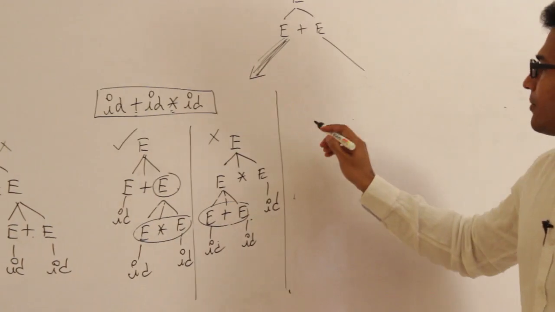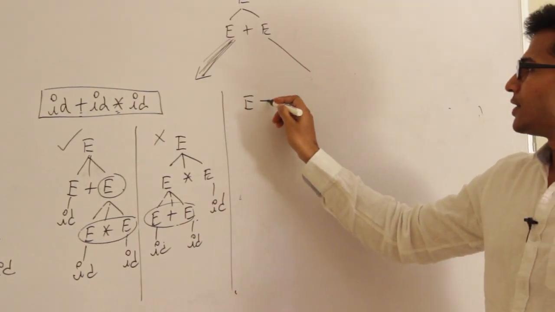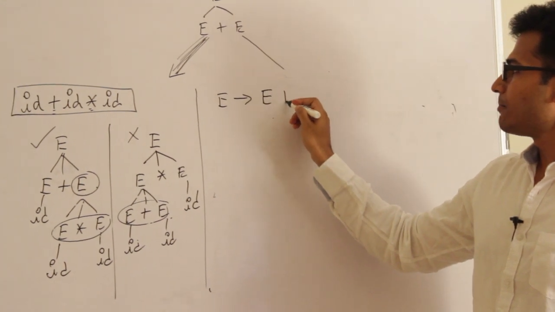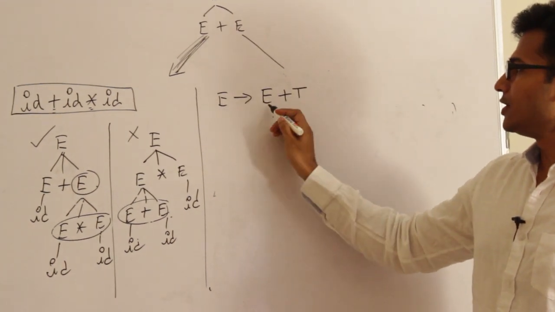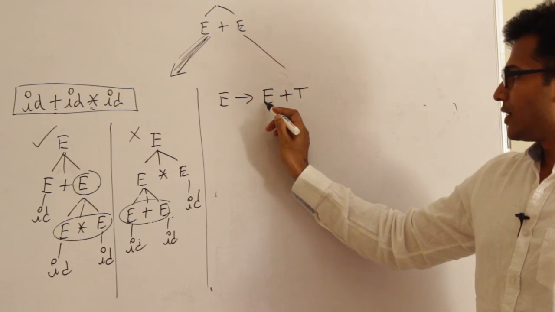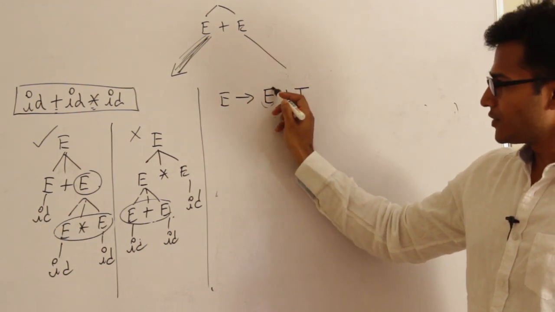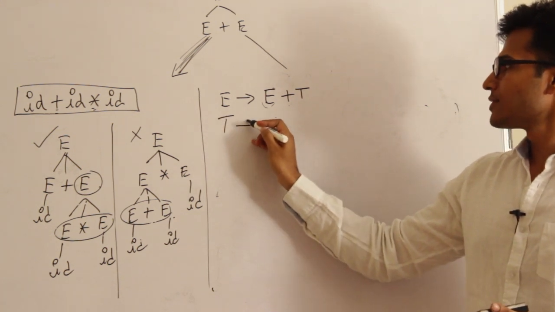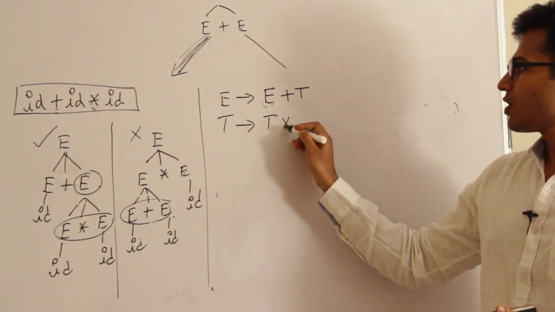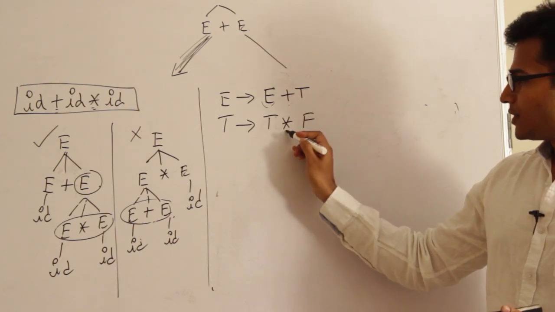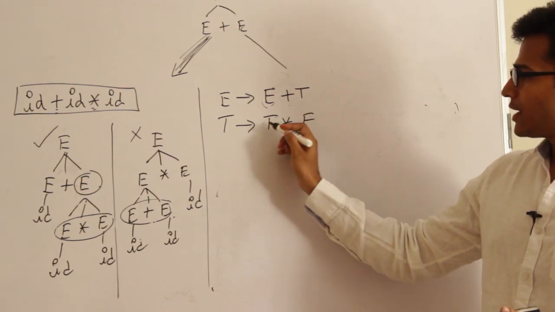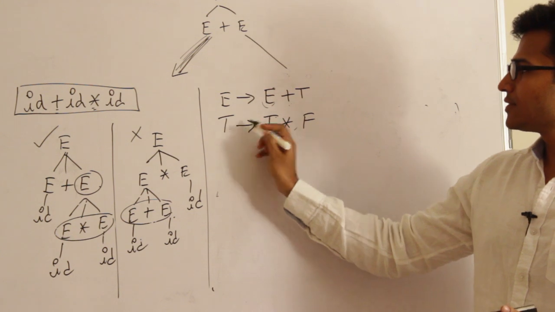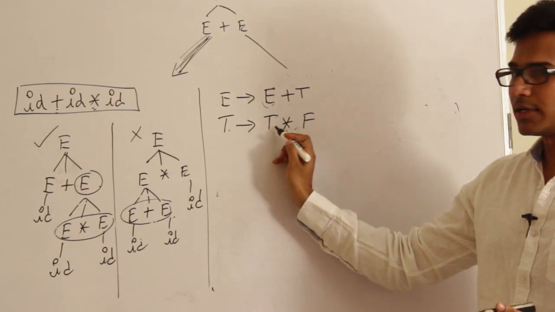If I have plus and star, I write E derives E plus T. E plus T means E is defined as left recursive, so that plus will be left associative, and then T derives T star F, which means star is also left associative because this production is defined as left recursive.